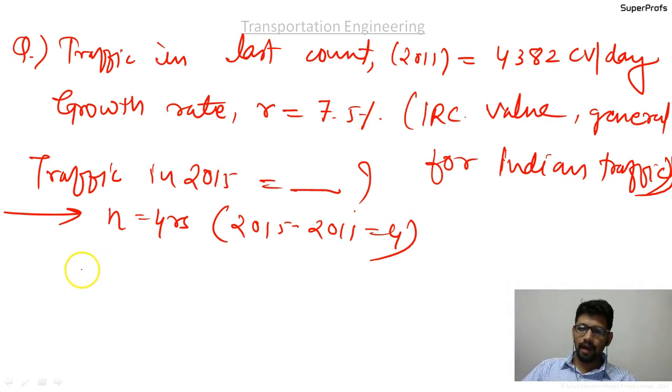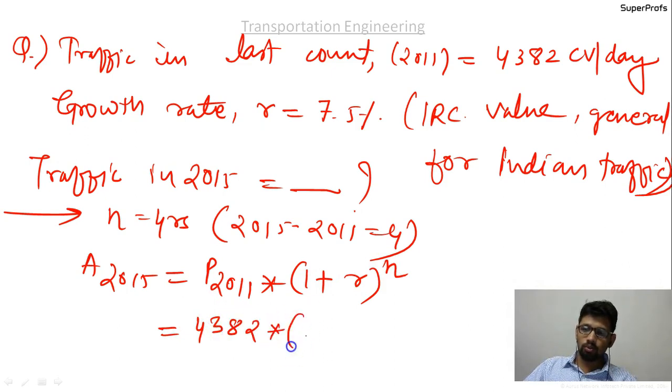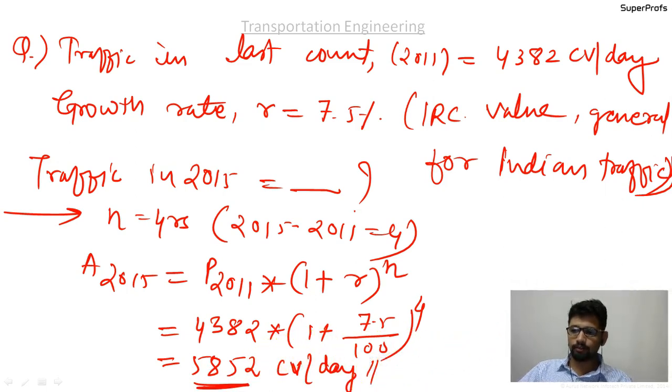So the anticipated traffic in 2015 is equal to P in 2011 into (1 plus R) to the power n, which is 4382 into (1 plus 7.5 upon 100) raised to 4, which is equal to 5852 commercial vehicles per day. This is a very simple and straightforward calculation.